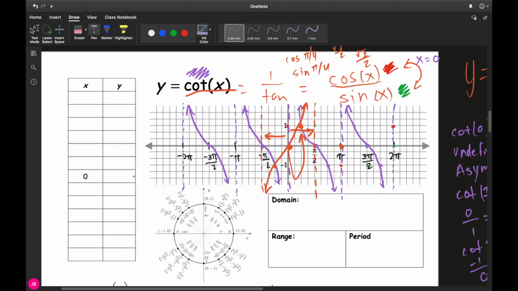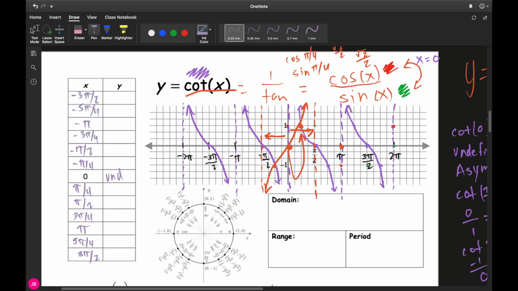So now let's go ahead and fill in the table of values. So at 0 we had undefined. And just like with tangent, we're going to have important values every pi over 4. So pi over 4, pi over 2, 3 pi over 4, and do the same thing for the negatives.